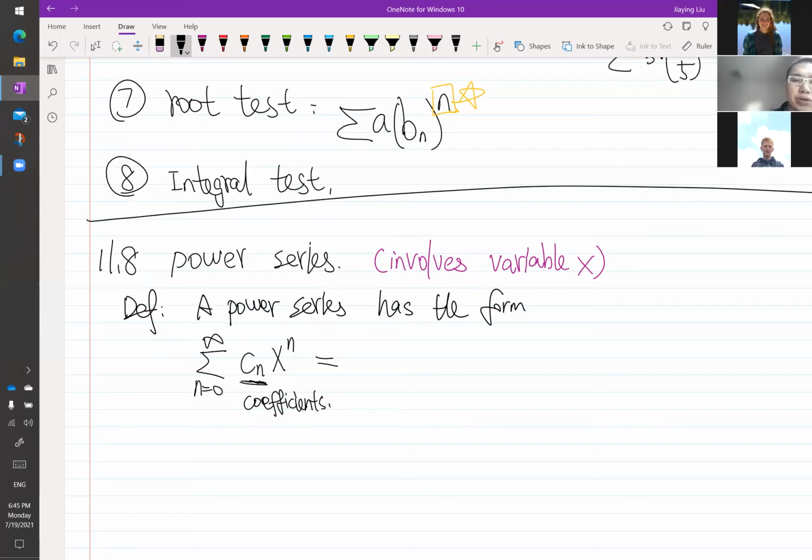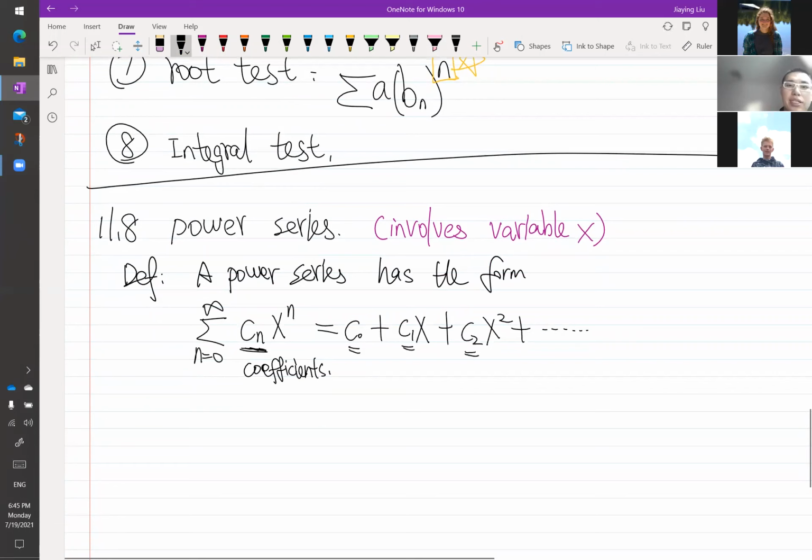If we put n equals 0 there, we get C0, which is just a coefficient. X to the 0, we know x to the 0 is 1, just C0. Plus, put n equals 1, so we get C1 x to the first power, we just write x, plus the next one will be plug in n equals 2, so that will be C2 x squared, and it continues. So C0, C1, C2, those are just constants. So that's a power series, it just has x in it.